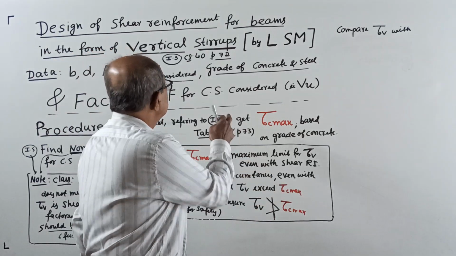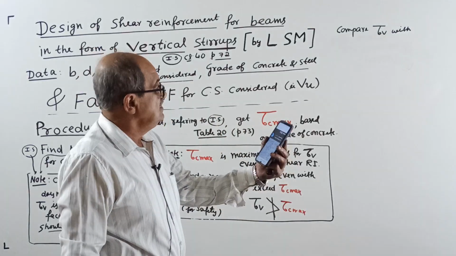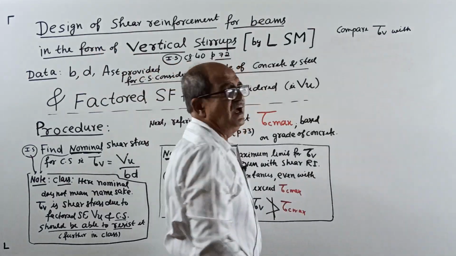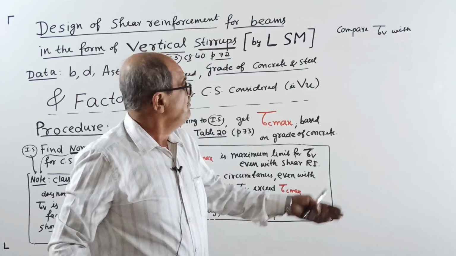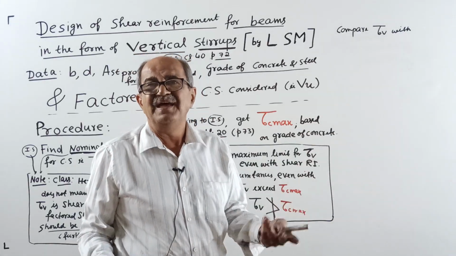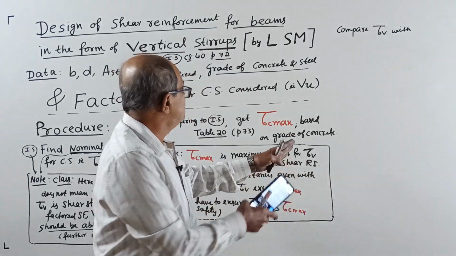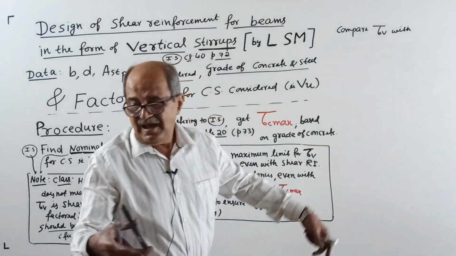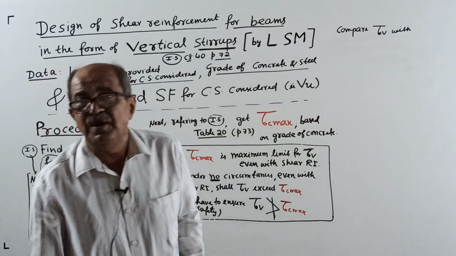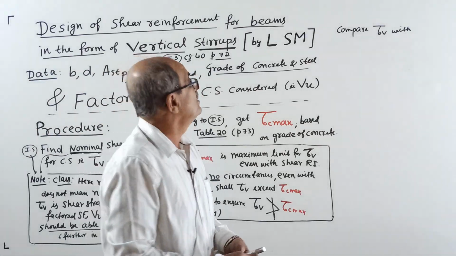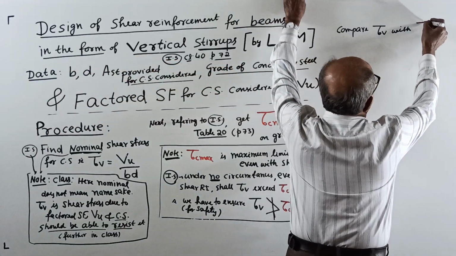What I wrote for the working stress method, I took the photo. Just because I use the photo up to here does not mean that I require the photo. Okay, tau V with tau C maximum.